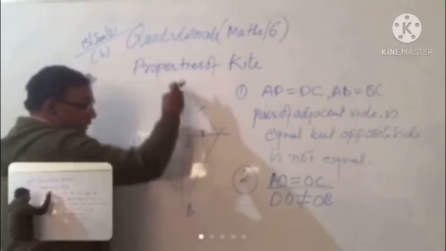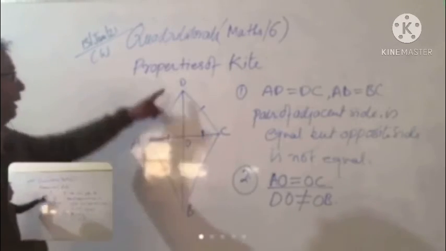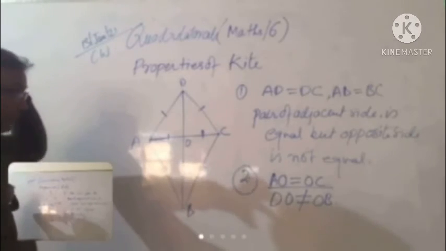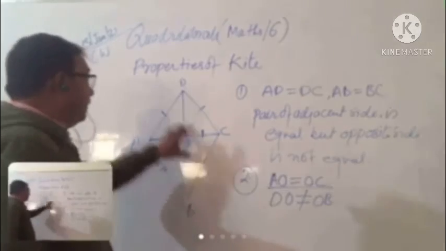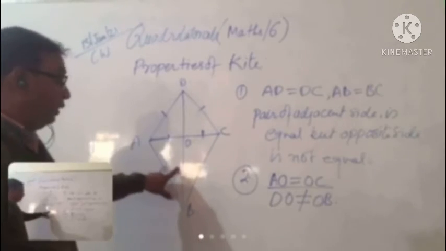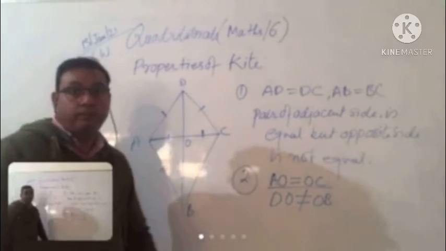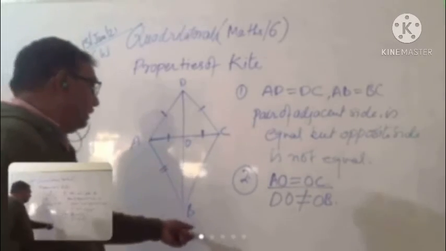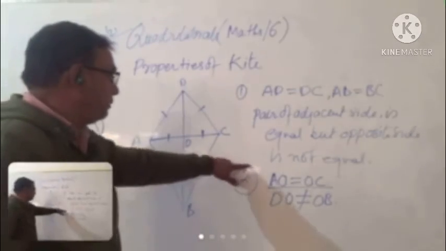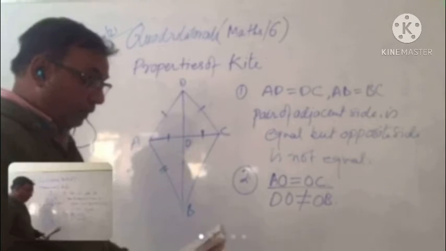Both the diagonals are not bisected. So it is very important to note down AO is equal to OC and DO is not equal to OB. So this is not a property. This is the property: only AO is equal to OC, because one of the diagonals is bisected.